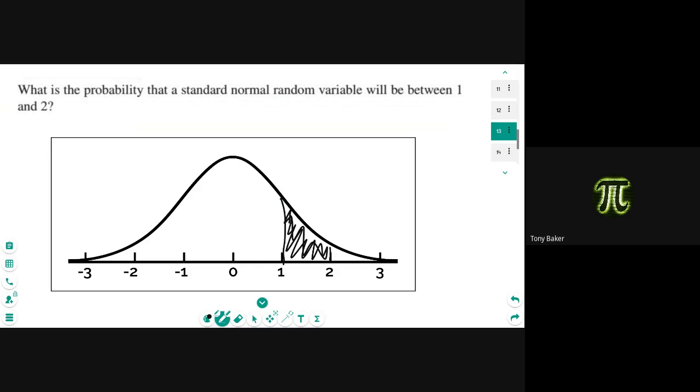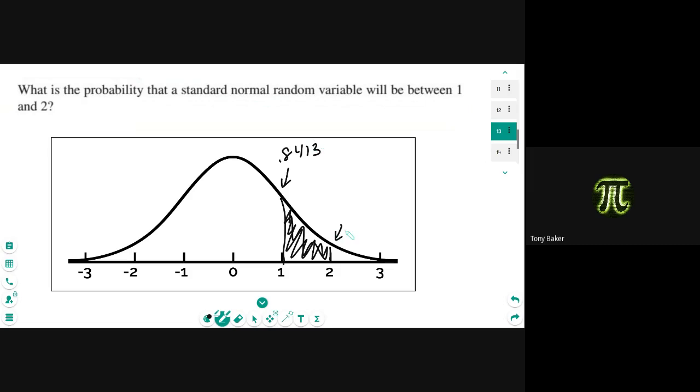So what's 1? Oh, you subtracted them already? What's the 1? When you look at your sheet and get the z-score of 1, what do you get? 0.8413.